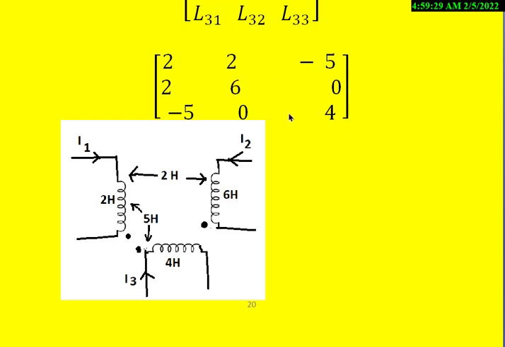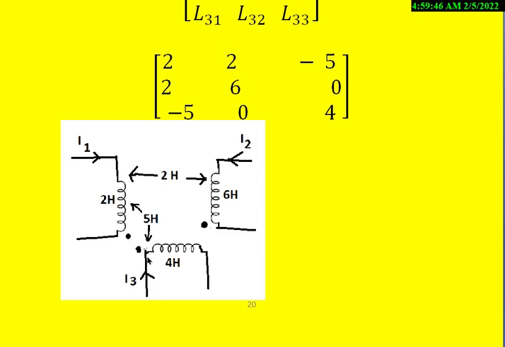Then L13 means it is the mutual inductance between coil 1 and coil 3, that is 5 henries. In coil 1 current leaves the dot, whereas in coil 3 current enters the dot.